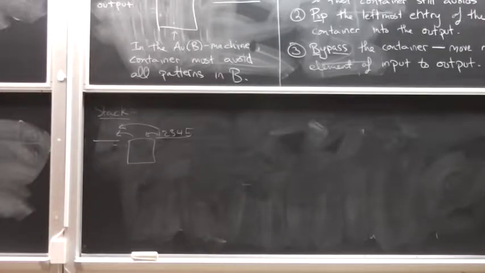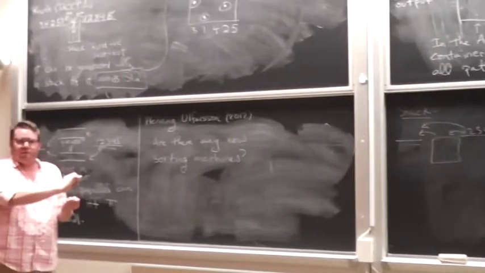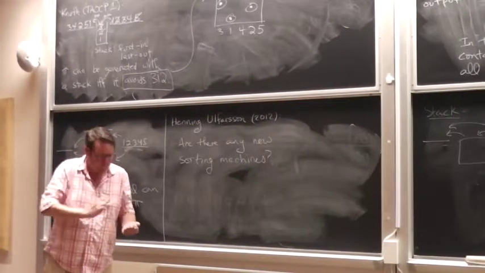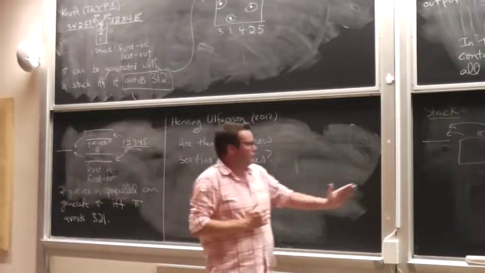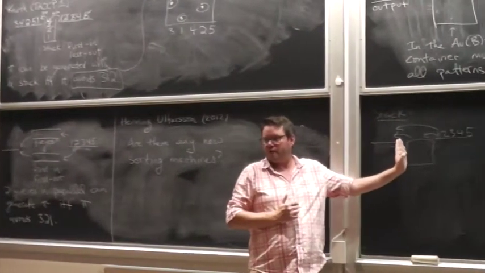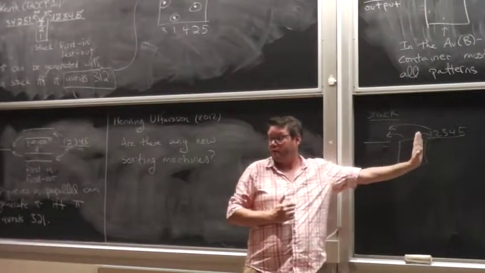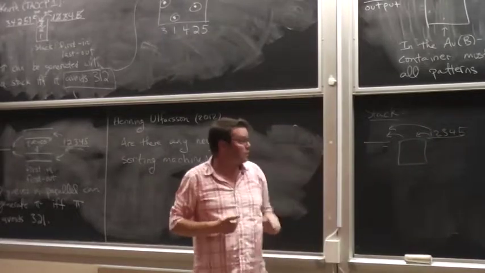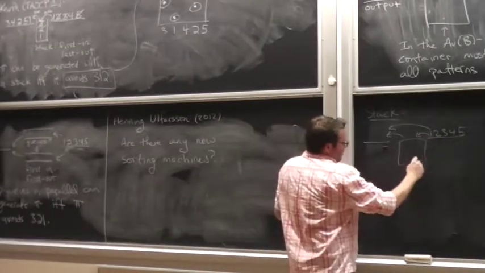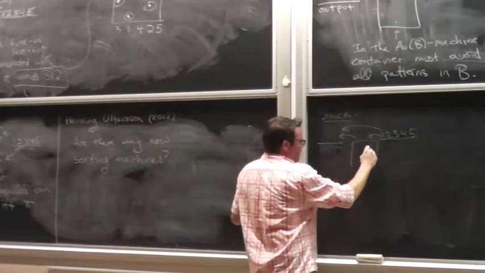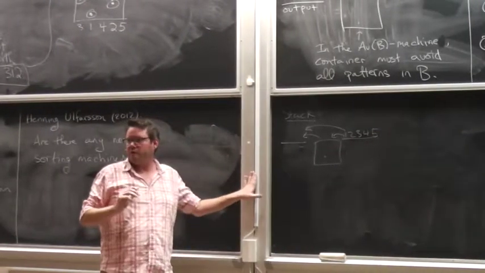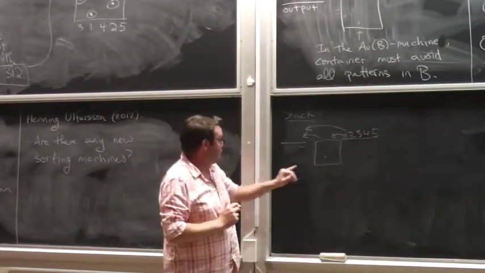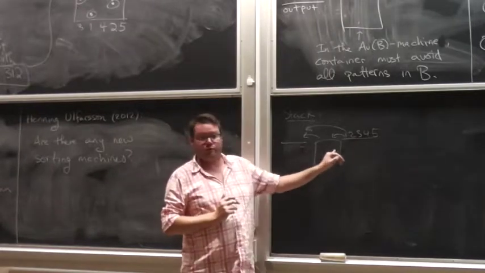When we put something in, we have to put it to the left of everything we've already put in. Because we're pulling from the left, and the next thing we put in has to come out before everything that's already in there when we put it in. Okay, well, if you start doing that, what you see is that you can never have an increase. You can never have a 1, 2 in the container, because that would mean you put something later after something before.